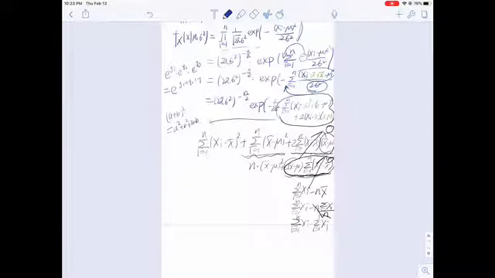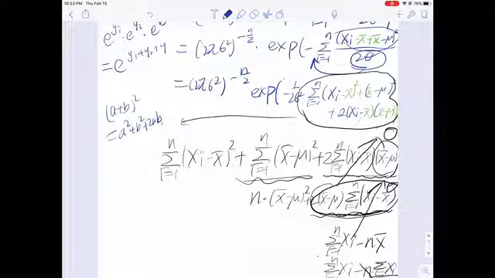So let's put everything together. We have this cross-product term being 0. What are we left with?